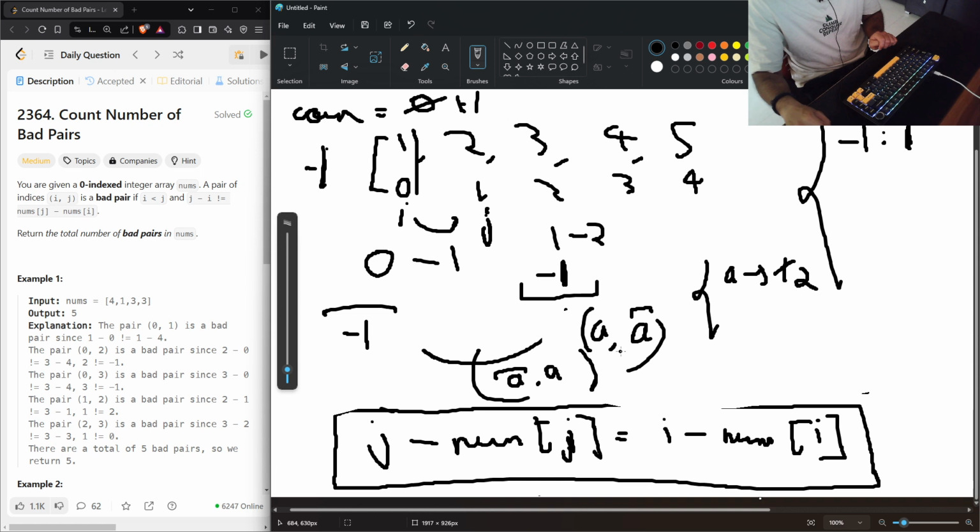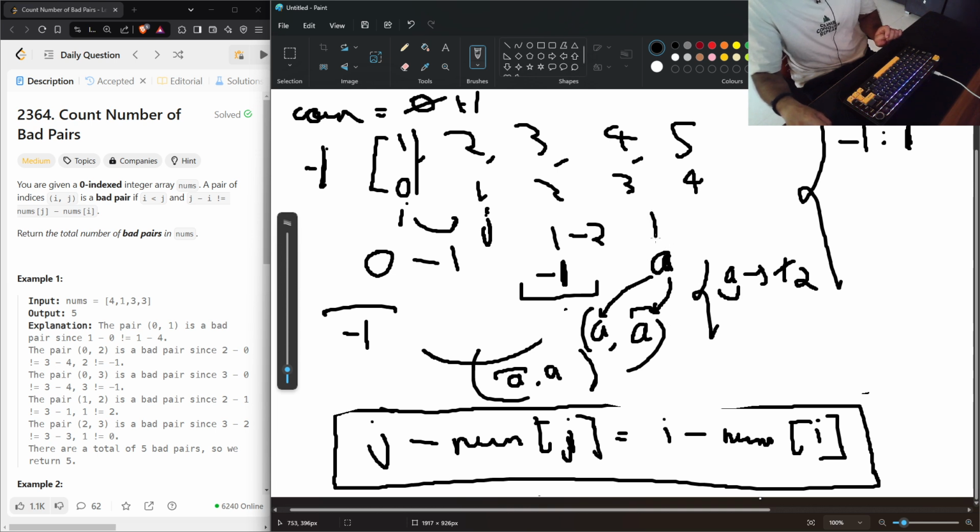Let's say further down the line we find another a. What would this mean? Now this a is going to form two pairs with the a's that we have, because this a gets paired with this one, and then with this one as well. So far we had one pair, and this a coming in will form exactly two more pairs. This is nothing but the count of a's that we have so far.